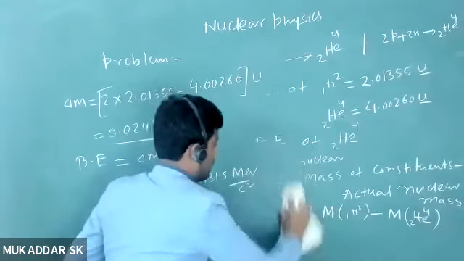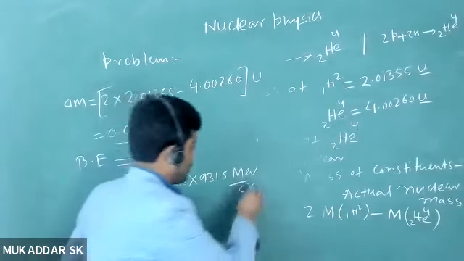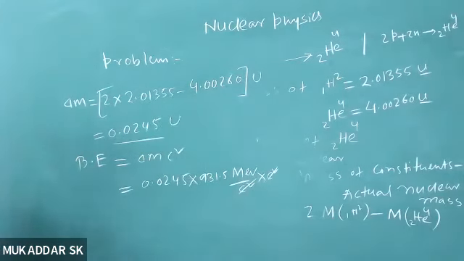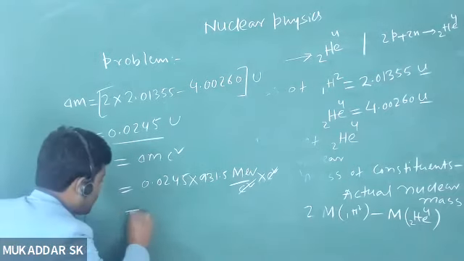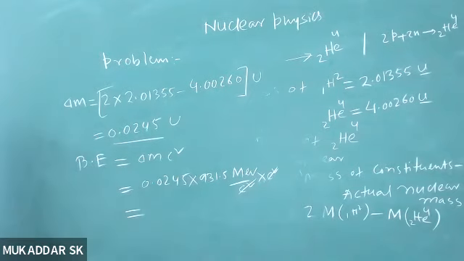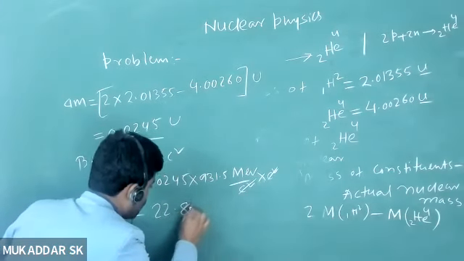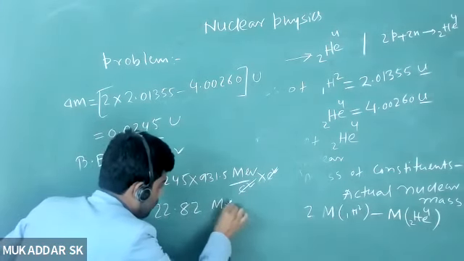And you have already another C square here, and this will be cancelled. Okay, and you'll get the binding energy, and that will be, if you calculate, 22.82 mega electron volt.